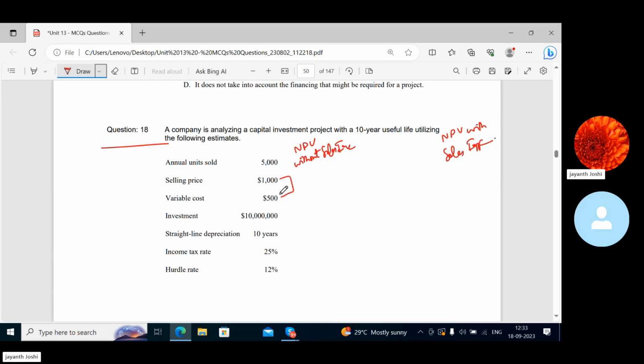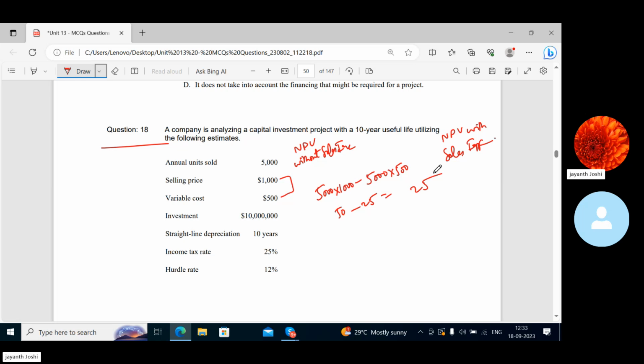That is going to give us the income, right? So 5,000 units into 1,000 minus 500, 5,000 into 500. So this is like 50 minus 25. I will take like this. So 25. See, I'm not taking all the figures, I'm just taking like this, right?